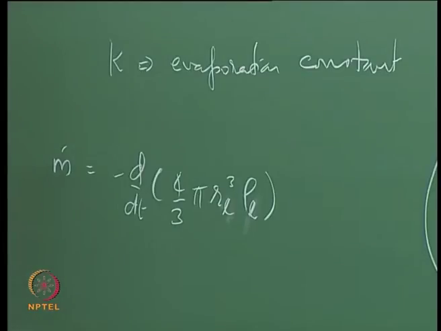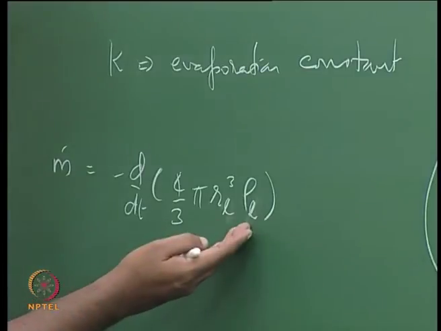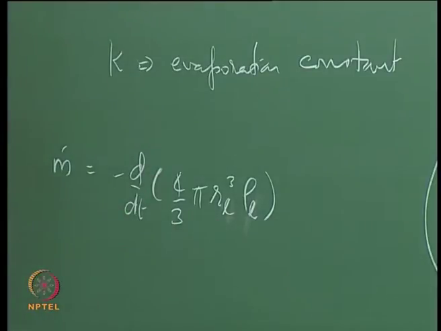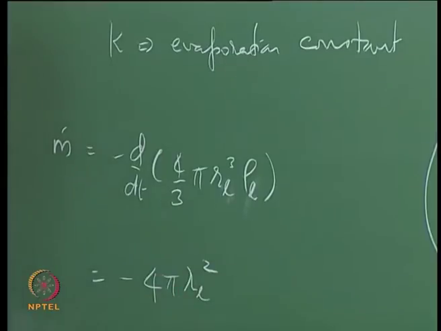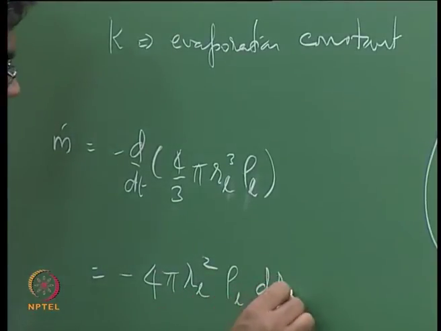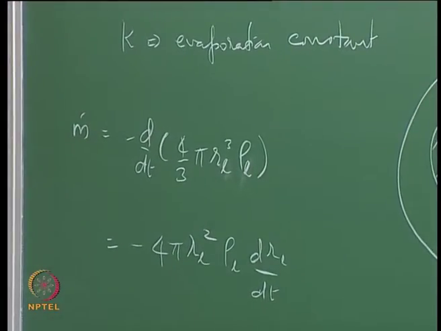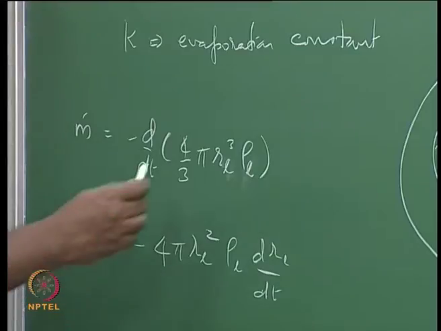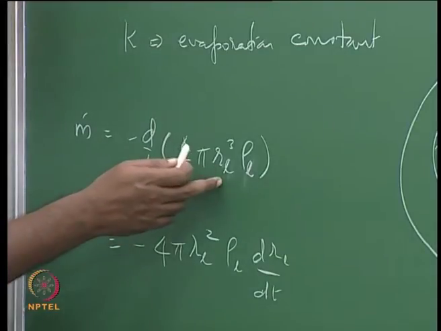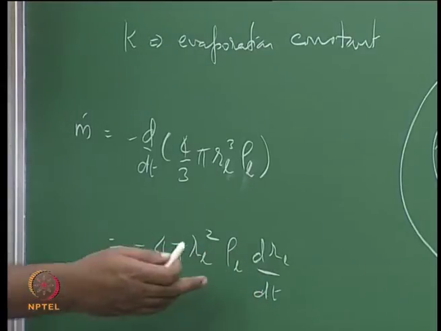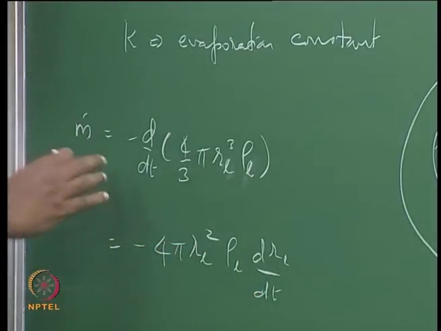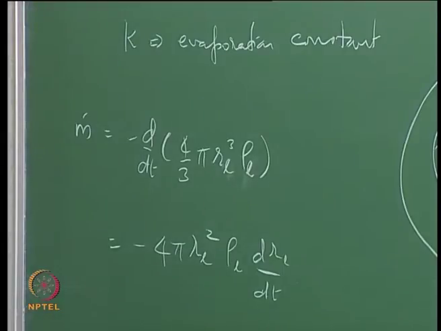Of course the liquid density is not expected to change with time, and 4 by 3 pi is constant, therefore we can pull them out and differentiate r_L cubed with respect to time, and that gives you minus 4 pi r_L squared rho_L dr_L divided by dt. The negative sign is because as time increases r decreases, and we want a positive mass flux coming out, therefore you throw in a negative sign to make that so.